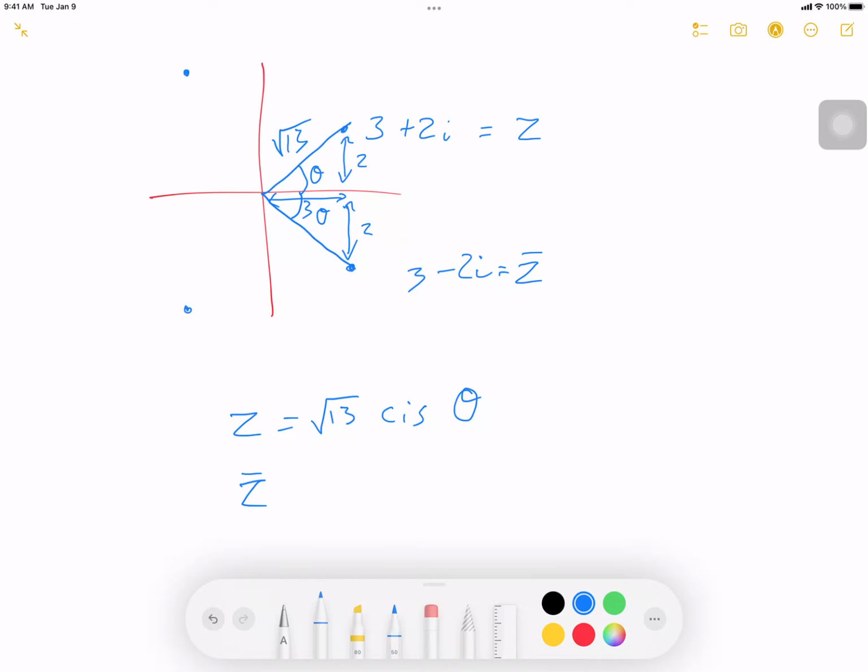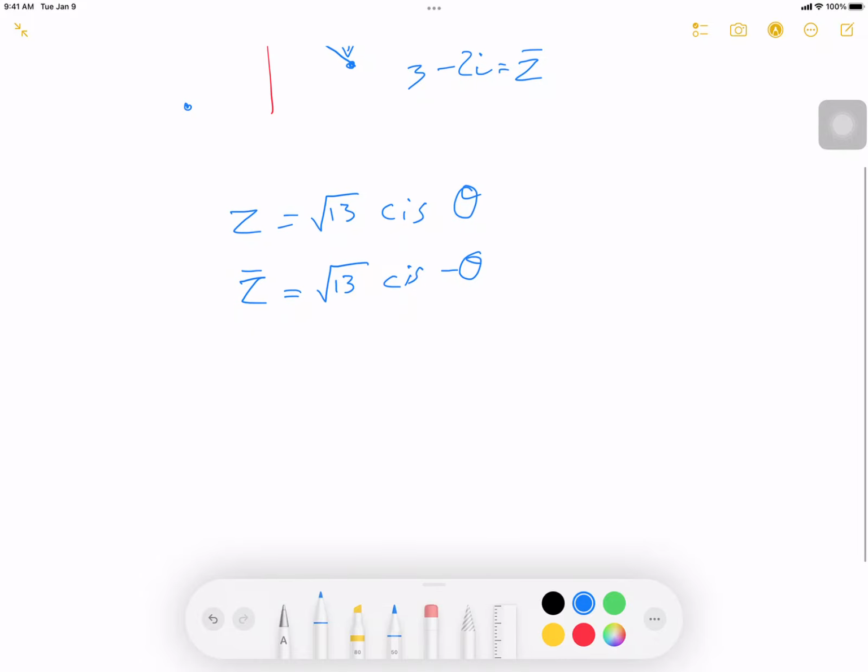If I've got the conjugate, then that's also going to be the same distance from the origin, and it's going to be cis negative theta. Okay, on the diagram that's theta, obviously we would call it negative theta. Now just think for a second what's going to happen when I go z times the conjugate of z. So I'm going to go root 13, I'm going to multiply the moduluses, and I'm going to add my arguments, or those angles.